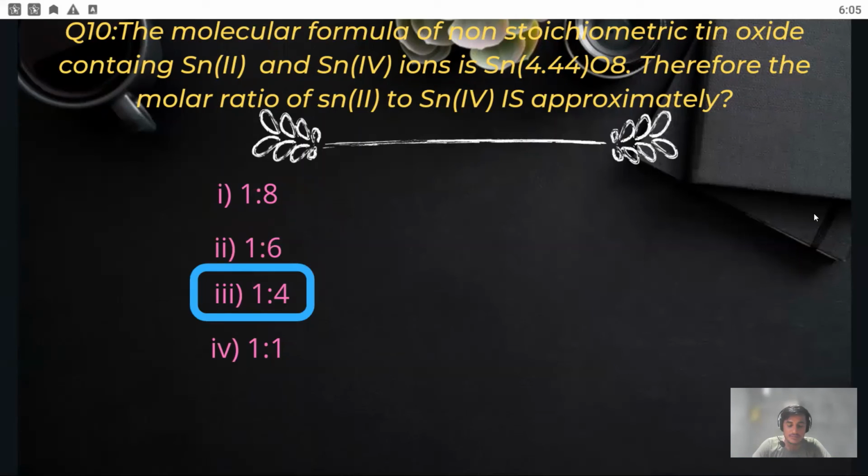It's correct because, taking one molecule of the given substance, let the number of moles of Sn2+ be x and of Sn4+ be y. x plus y is 4.4 and 2x plus 4y is equal to 14. So we get x equals 0.88 and y equals 3.56. So the approximate ratio is 1:4.